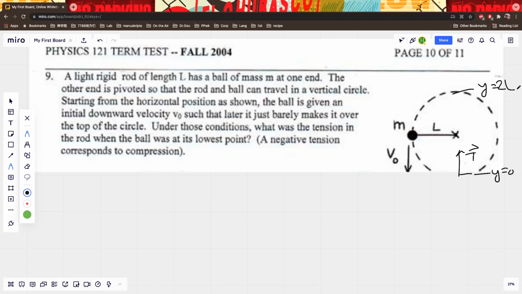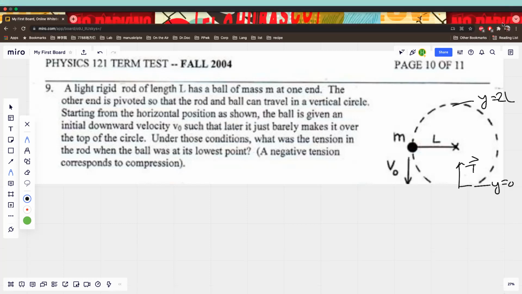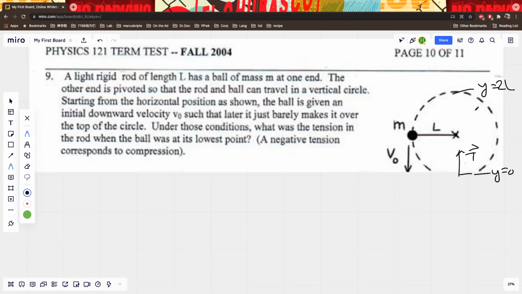Okay, so when it's at the center there, I guess there would be a mix between kinetic and gravitational potential energy. Yeah, for sure. And then at the bottom, it's just kinetic. At the bottom, it's only kinetic.